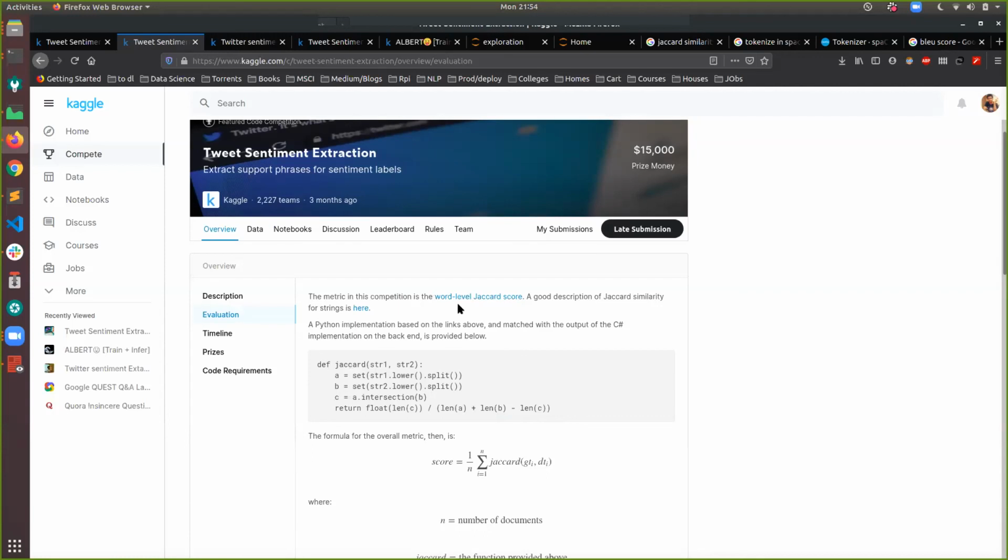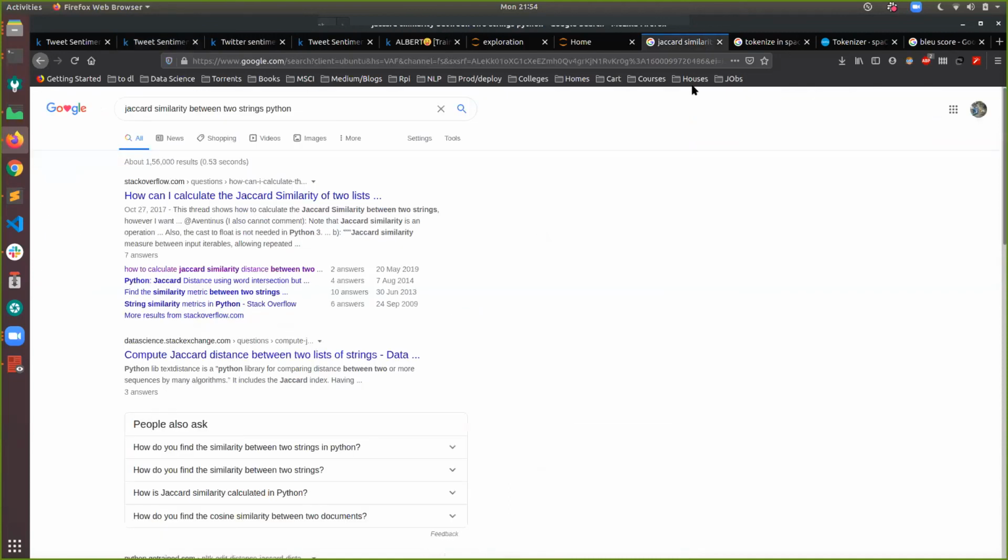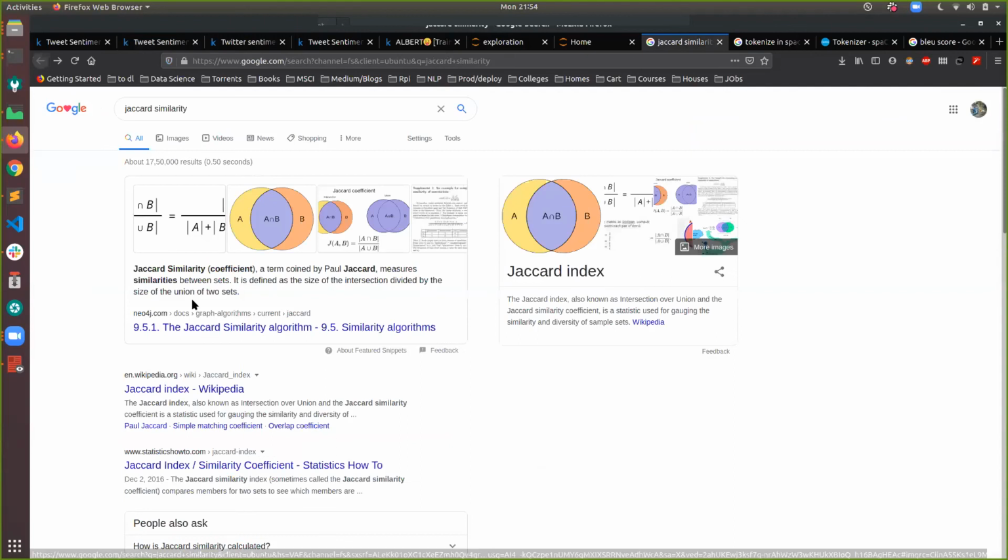It's basically used in set theory. Suppose you have two sets. It's basically A intersection B by A union B. So the more you get common between the two sets, the higher your score would be. So the order does not matter really, I think.